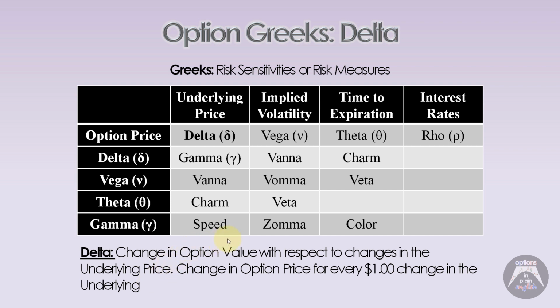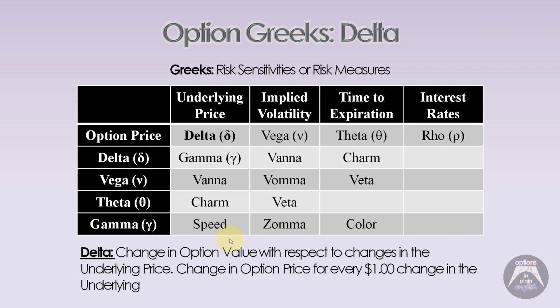So what does this mean? Well, delta is a number that fluctuates between 0 and 1 on the positive side and 0 and -1 on the negative side. So for example, for calls, it would be positive, and for puts, it would be negative.